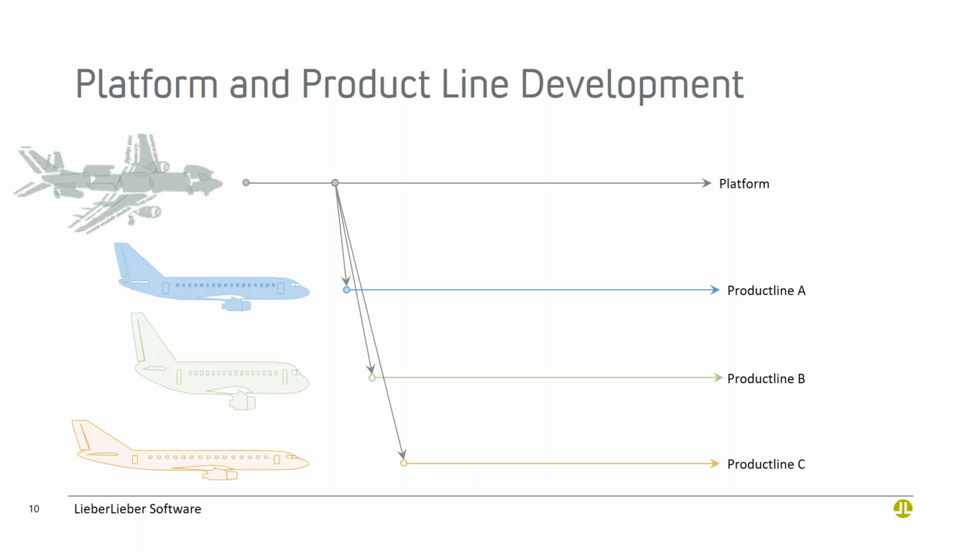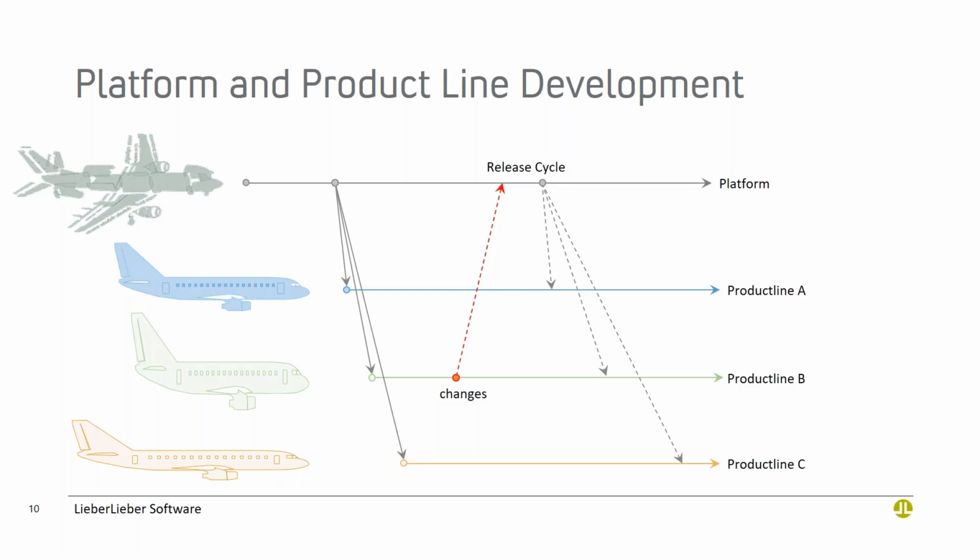So when we talk about the platform and product line approach, this is now an airliner example. You typically have a platform, how to build an airliner, and then you have various products. In this case, it's product line A, product line B, product line C. And obviously, sometimes during a project, the platform might change inside the project, and you need the capability to update the platform after the changes.